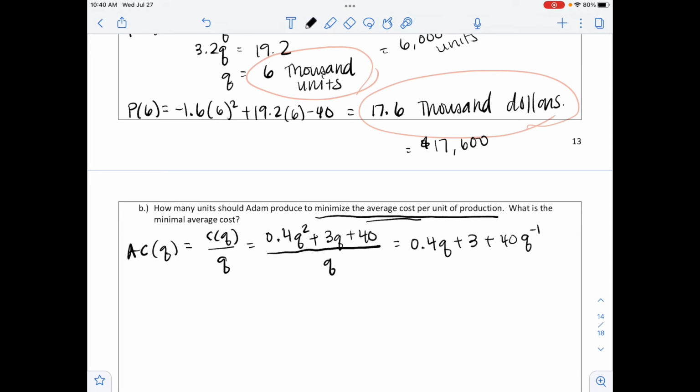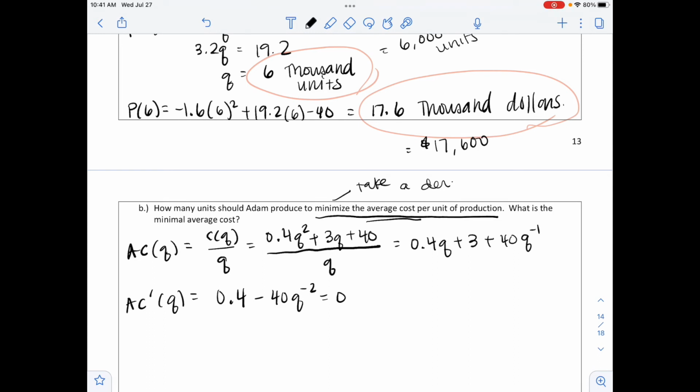And in order to figure out where this is minimized, we need to take a derivative. Taking the derivative of our average cost function, we arrive at 0.4. The derivative of 3 is just 0, minus 40Q to the negative second. And then we need to set this equal to 0 to find those critical values of where this could be minimized.